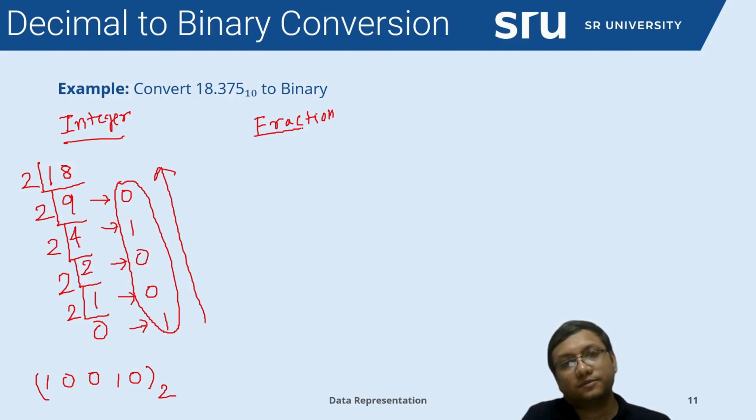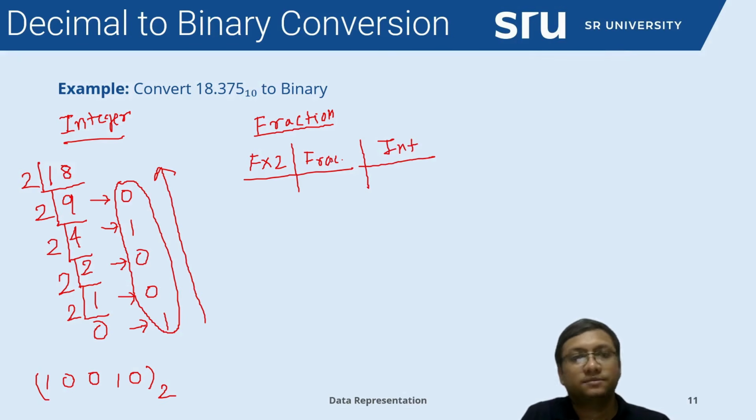what to do? We will make these 3 columns: fraction into 2, then fraction part and integer part, just like we did for the integer part. So the given fraction is 0.375.